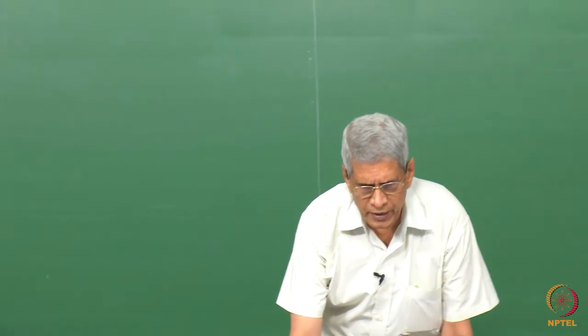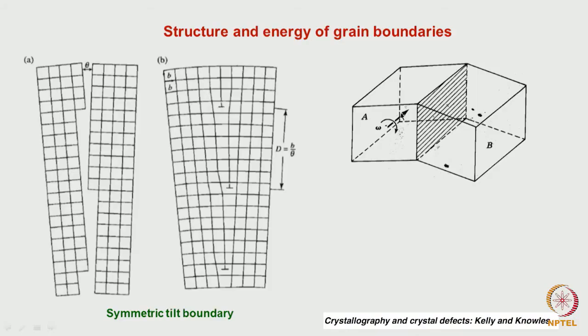That is what is being shown in this diagram. That is around an axis which is in the grain boundary plane. We are now rotating it by an angle.